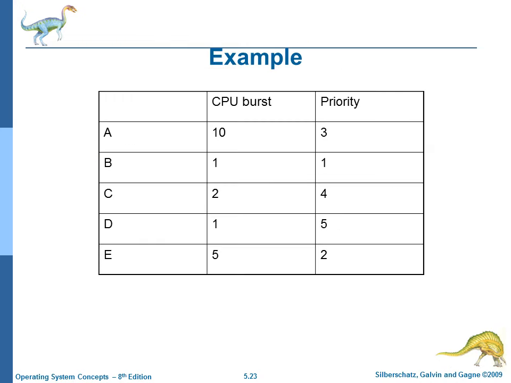For an example, if I have 5 processes, and for each process I have the CPU burst time and the priority.